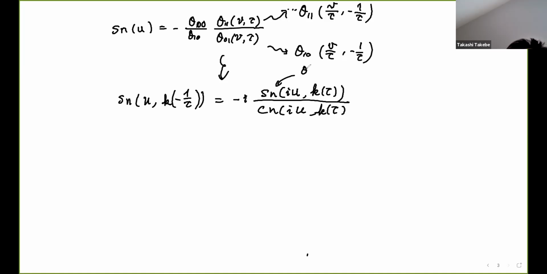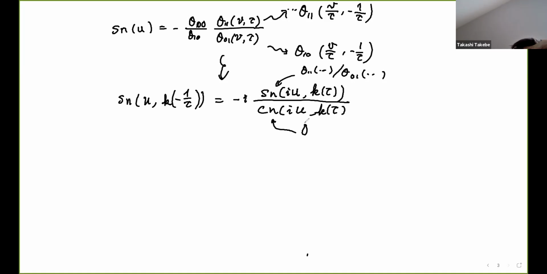As you know, Sn is the ratio theta 1, 1 over theta 0, 1.